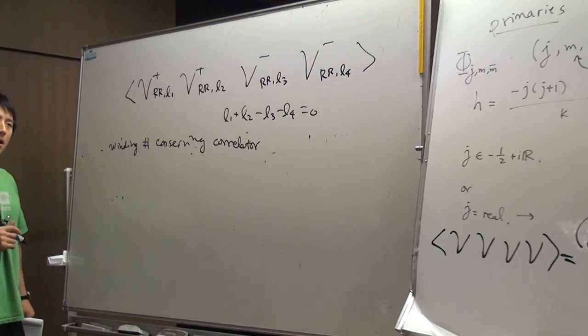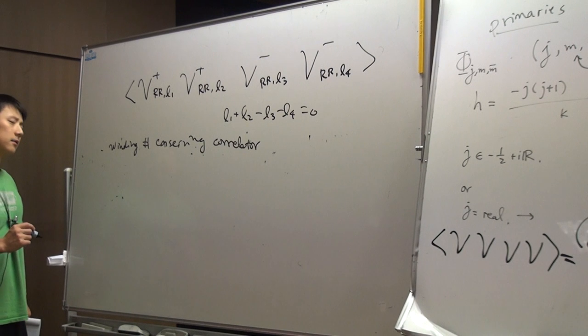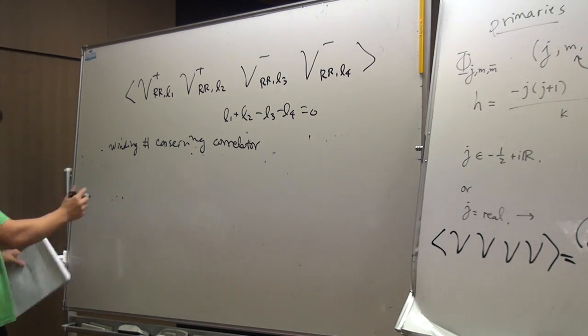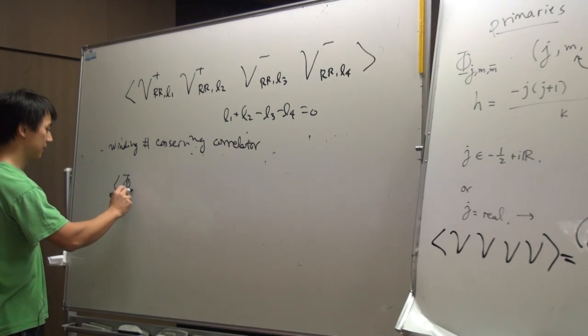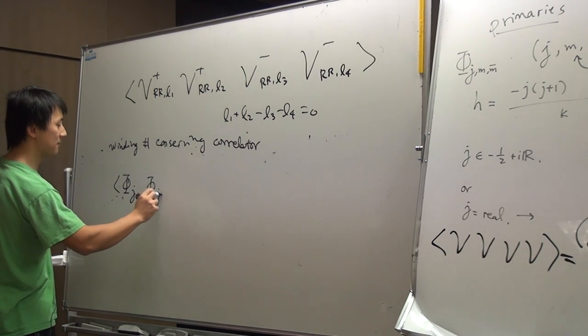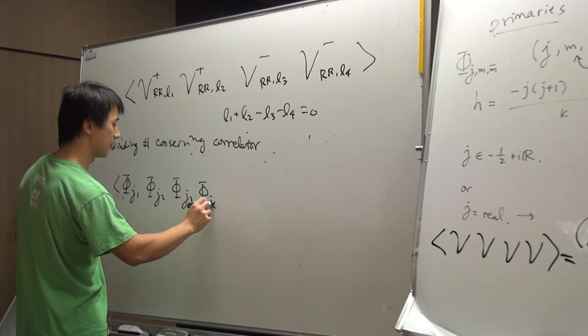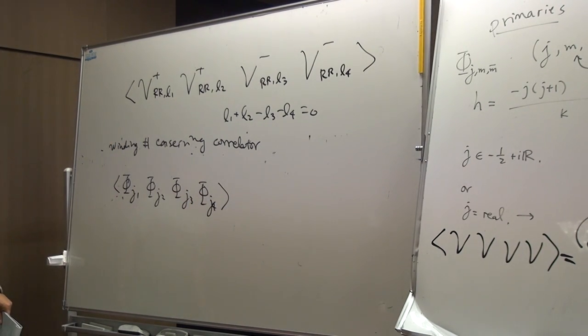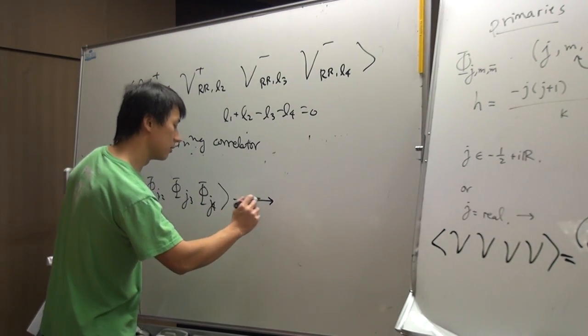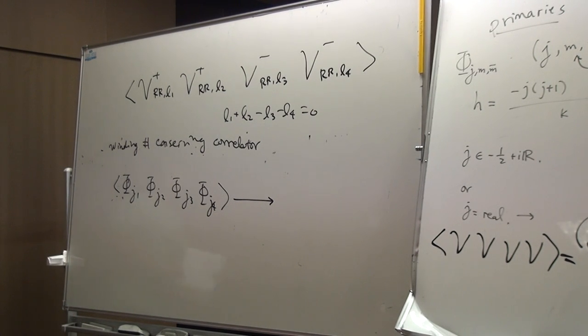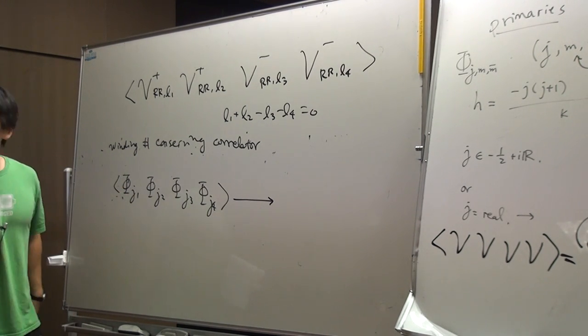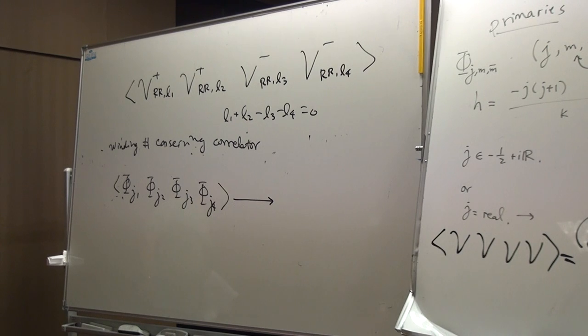So you can write down these correlators of some phi J1, phi J, I'm omitting the M and M bar, phi J2, phi J3, phi J4 in the SL2 theory. But as I mentioned, for general real values of J, these describe non-normalizable vertex operators.